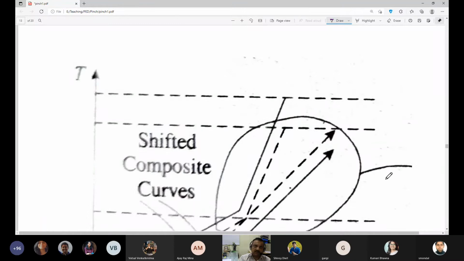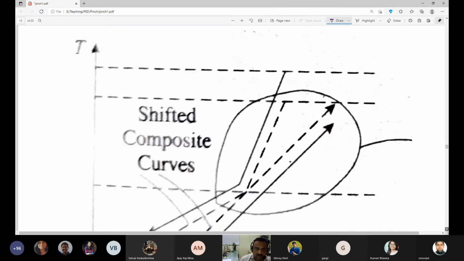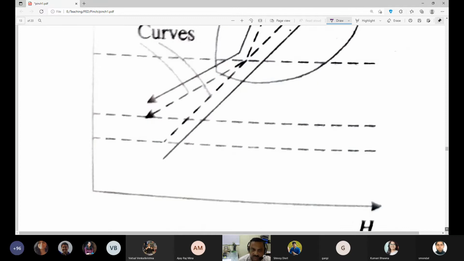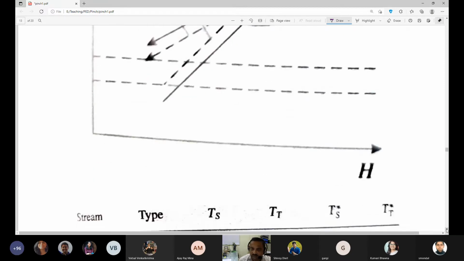Now, one way to find out is to do the plotting on a graph paper, see what values you get, and then decide where the pinch lies. The other way of doing it is something called the problem table algorithm, where you need to shift the curves.